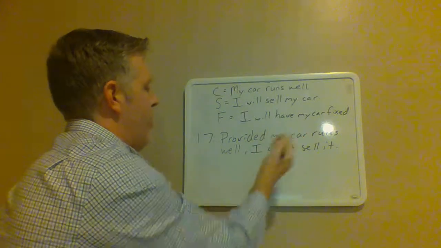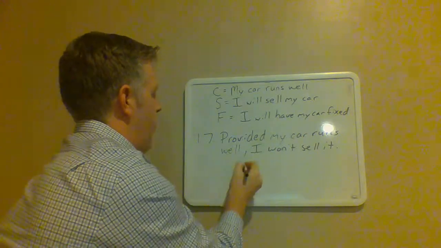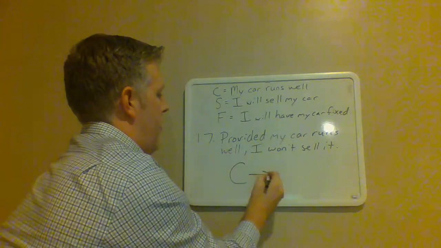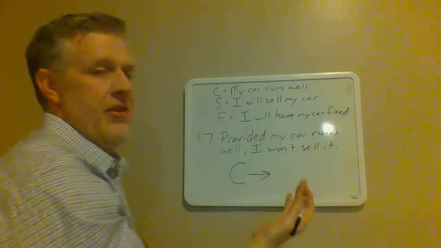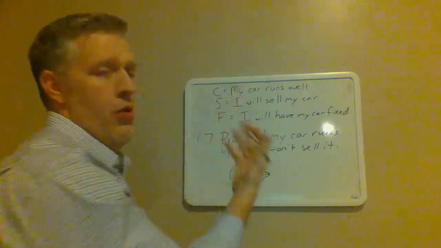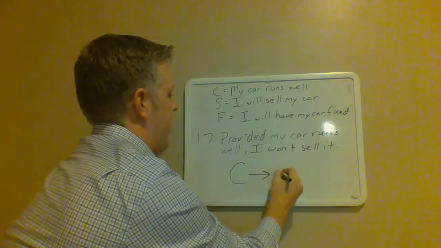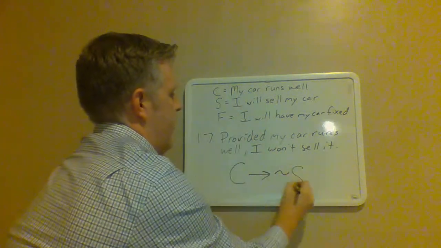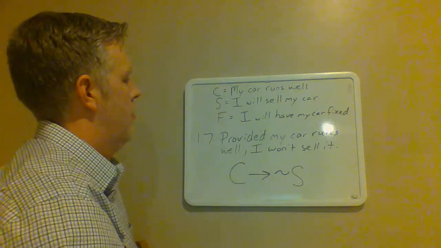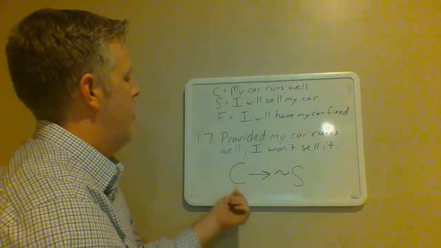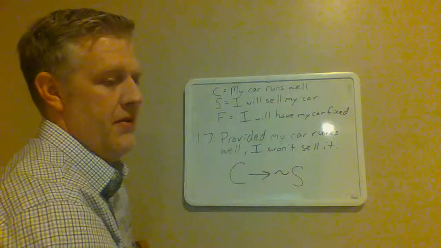So provided or if my car runs well, or C, then the consequent is I won't sell it, right? So the antecedent is my car runs well. Then I won't sell it, or it's not the case that I will sell it. It's not the case that S. So how does this read again? If C, then it's not the case that S. Okay.